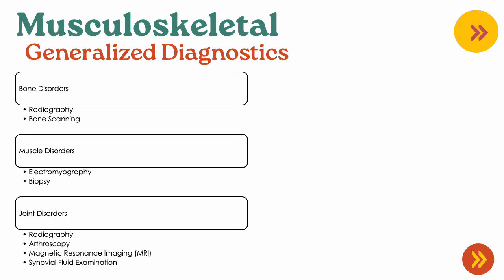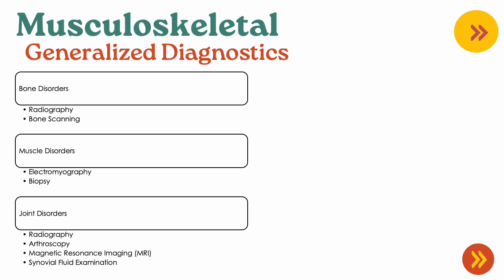The next thing you have is joint disorders. And of course, with your joints, you have your x-rays, you have your CT scans, you also have your MRI imaging, which are pretty common across the board. But one that's specific to your joint disorders is your arthroscopy. And this is a minimally invasive procedure. All they're doing is kind of looking into the joint and seeing what could potentially be wrong with it.